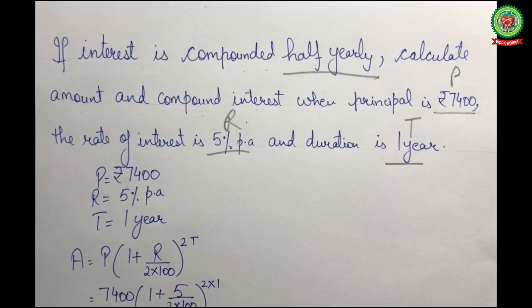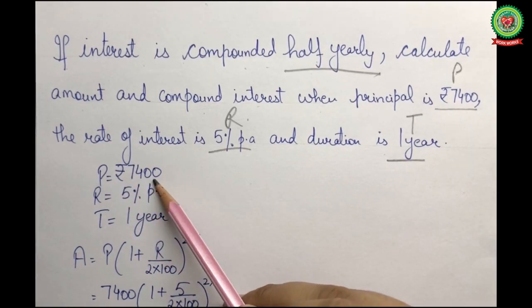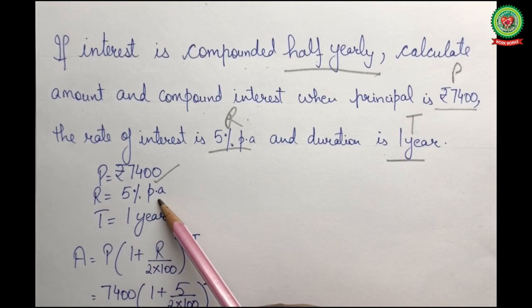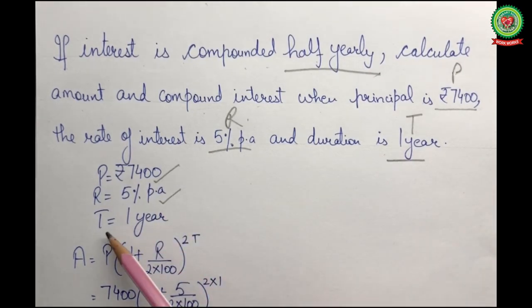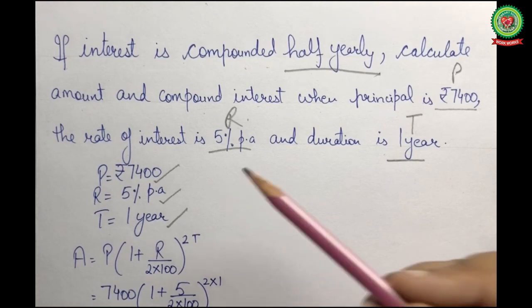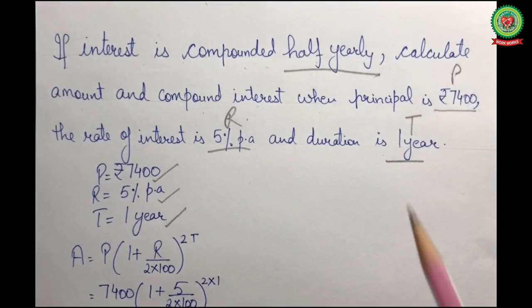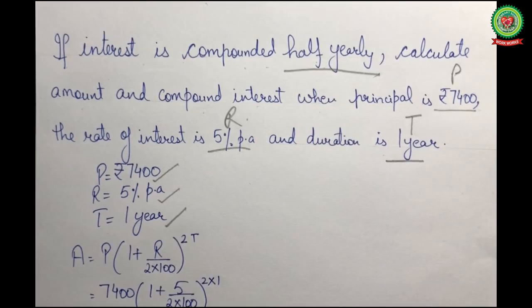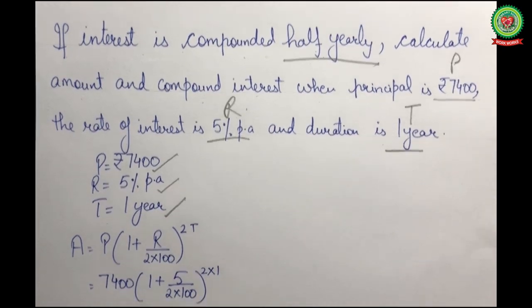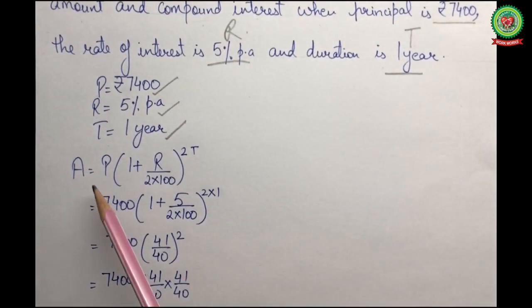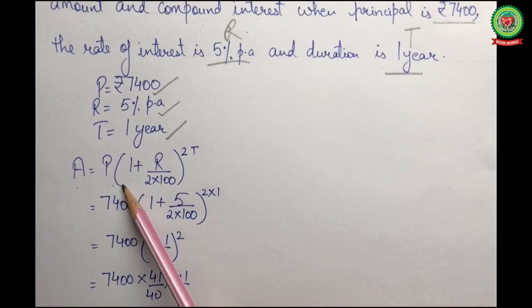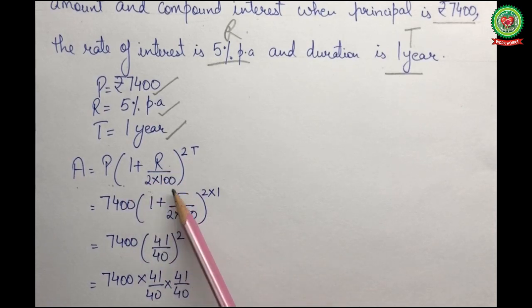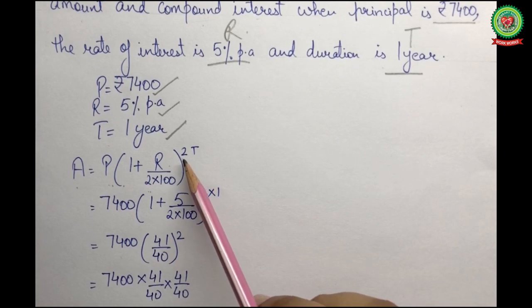Now we are going to write down the values of principal, rate and time. The value of principal is rupees 7,400. R is equal to 5% per annum. Time is equal to 1 year. Now we need to find amount, and as the interest is compounded half yearly, we are going to apply the formula A = P(1 + R/(2 × 100))^(2t).